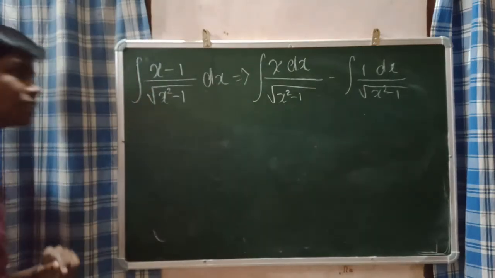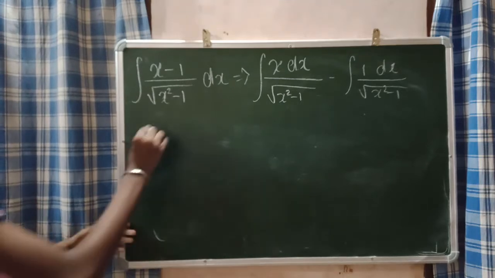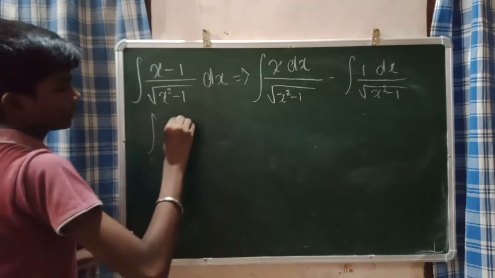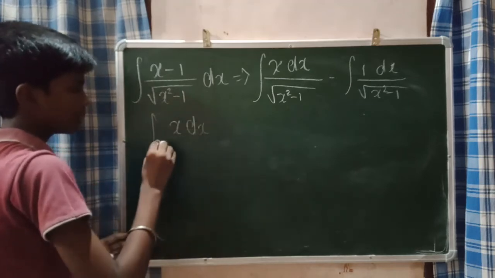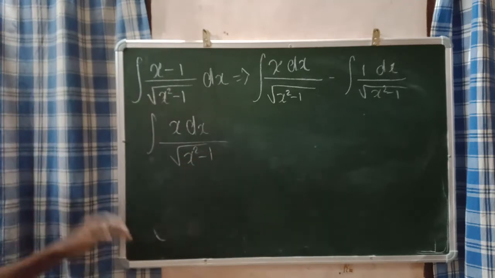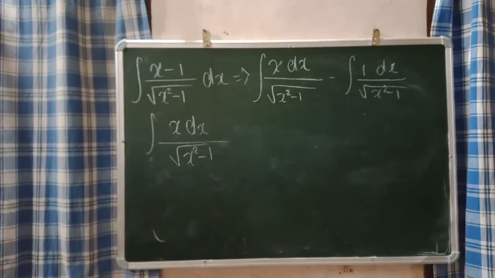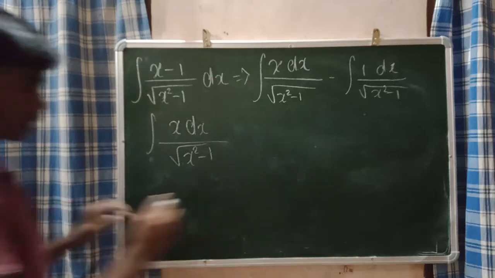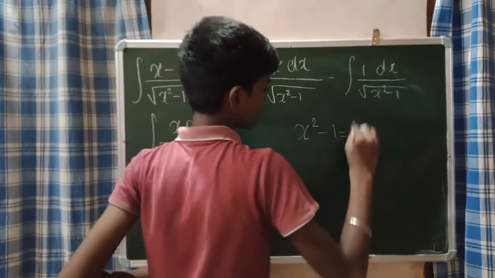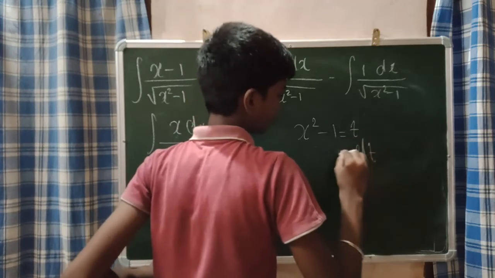So now first let me solve this first integral, that is the integral of x dx divided by root of x square minus 1. For this integral, you need to take x square minus 1 as t. Then dt will be nothing but the differentiation of the value of t.